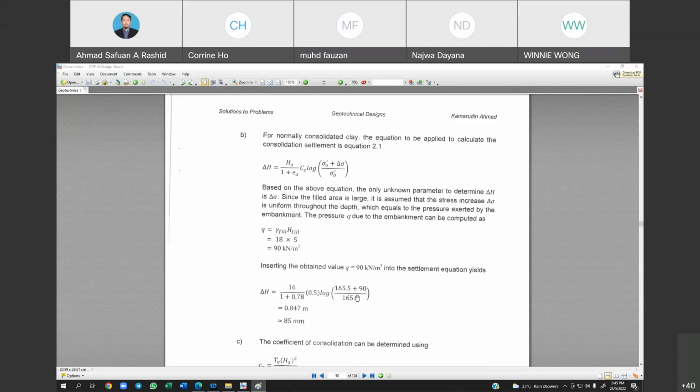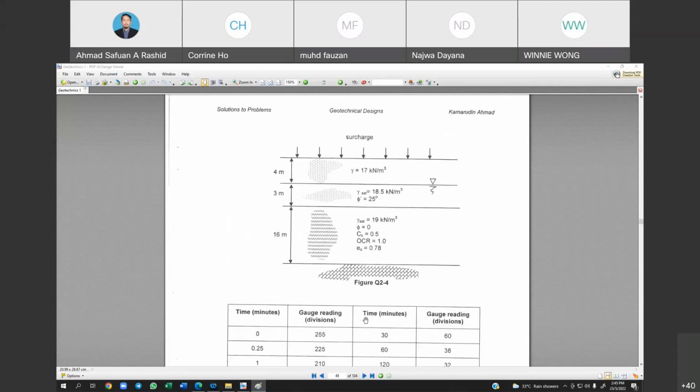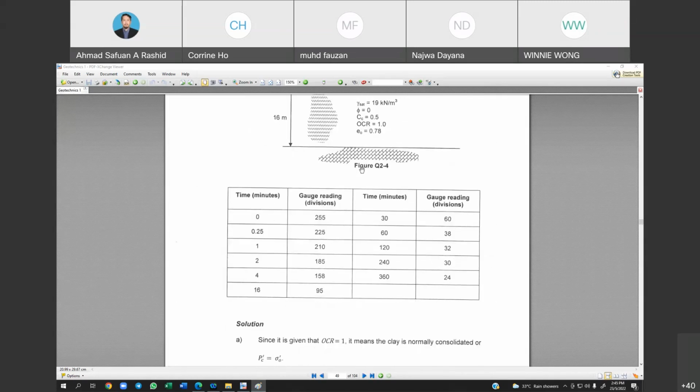Okay. So now for the question C, the coefficient of consolidation, which is CV. So to calculate the value of CV, we have been provided with this result.